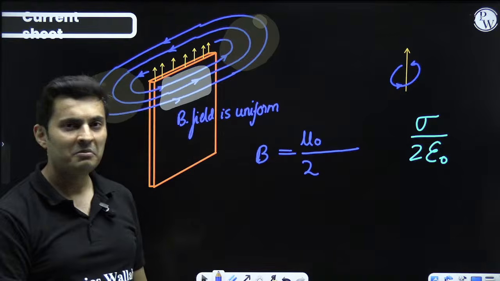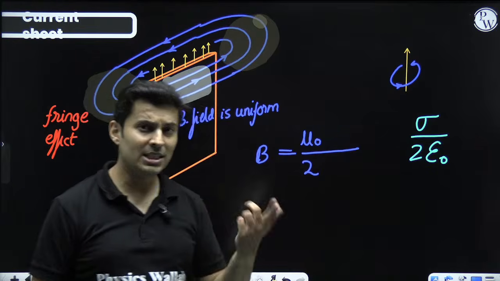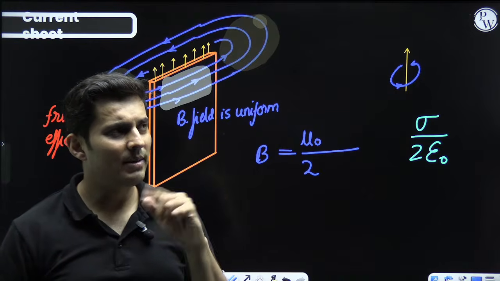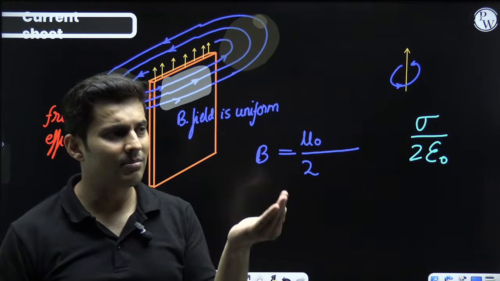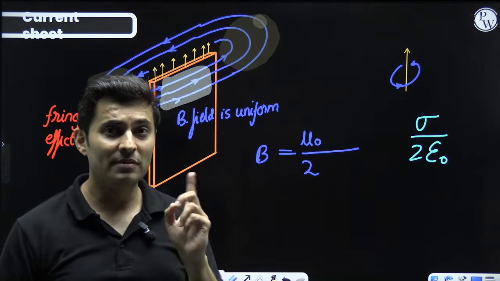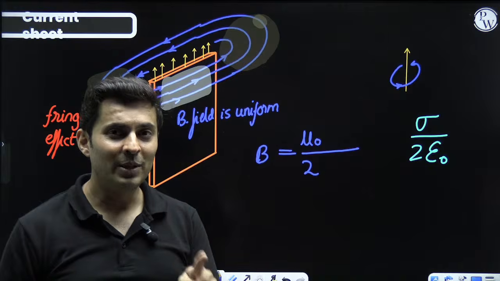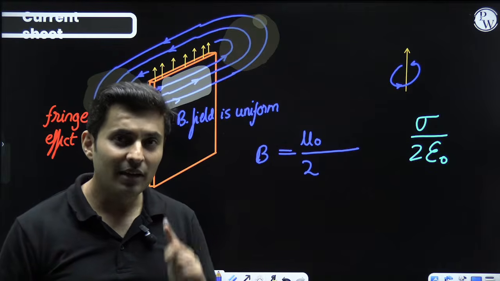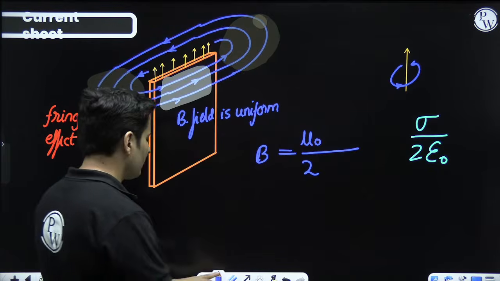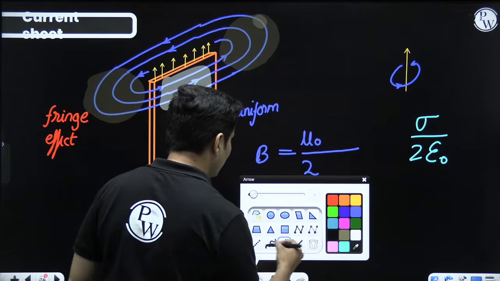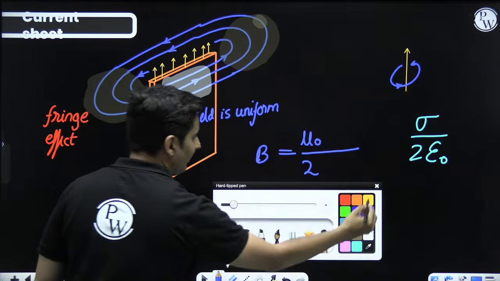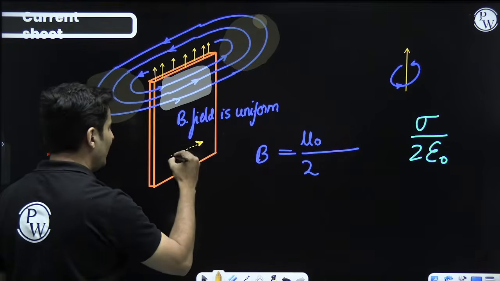Oh, great. Sigma is there. It was charge per unit area. We also noticed when we moved from electrostatics to magnetism, area becomes length, or length, if it is there, becomes area. So instead of charge per unit area, it might become current per unit length. And it makes sense because if you take 1 meter of this sheet, how much current is there?